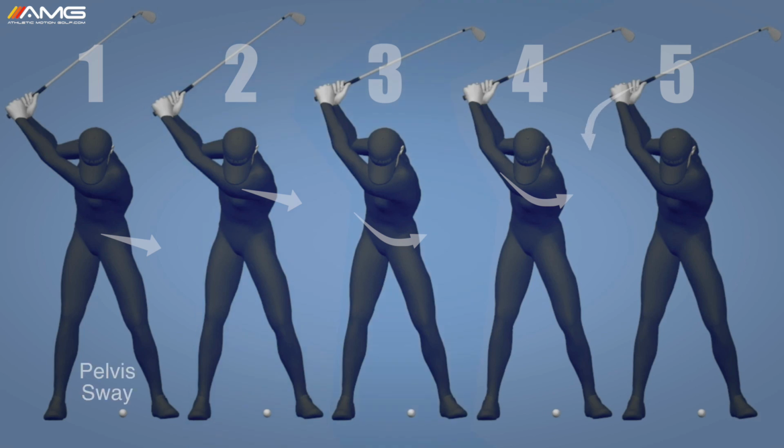Pelvis sway first, torso sway second, pelvis rotation third, torso rotation fourth, and then the club head changing direction is the 5th element of this transition sequence. Again, we see this regardless of shot shape, regardless of rotation amount, regardless of the sport you're playing. This is the transition sequence that we see all the time.